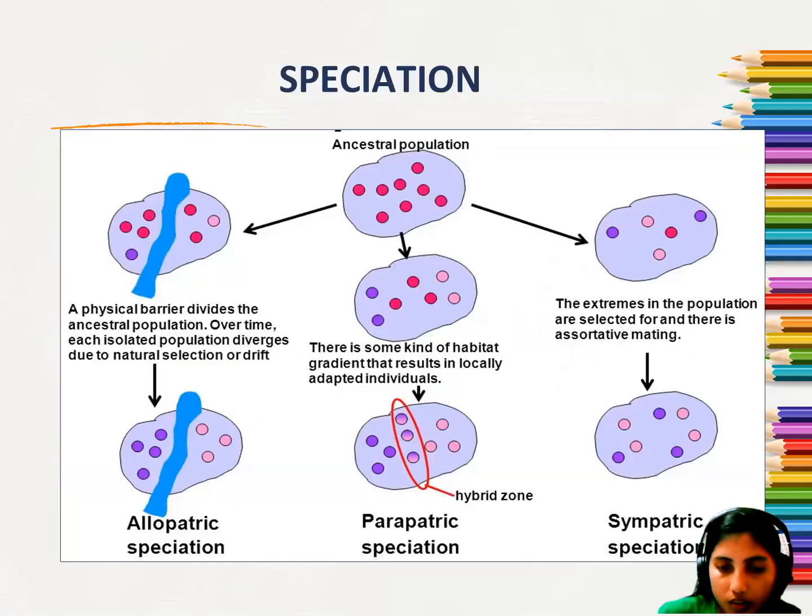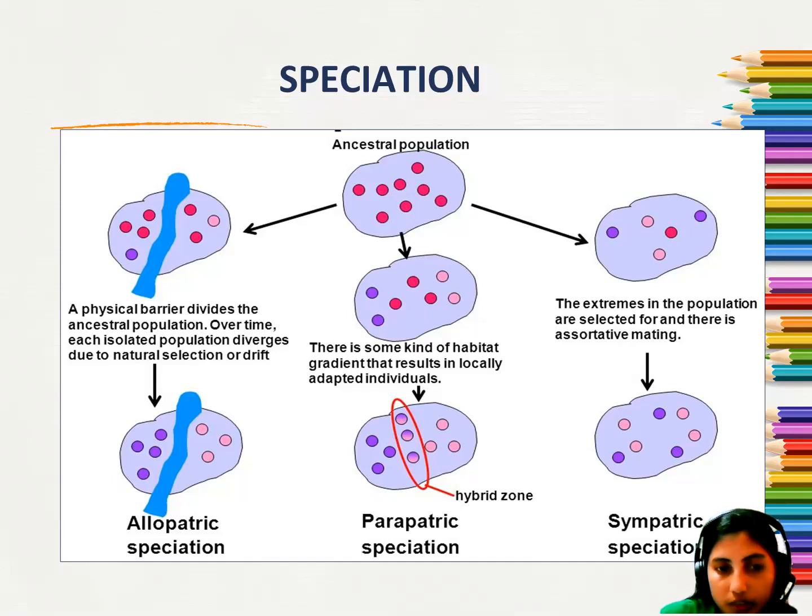Now with those selections, speciation will occur. Two different types of speciation, of course. Yes, we know what speciation is: formation of new species. And how will that happen? Through allopatric speciation and sympatric speciation. In allopatric speciation, there will be a natural barrier coming in.